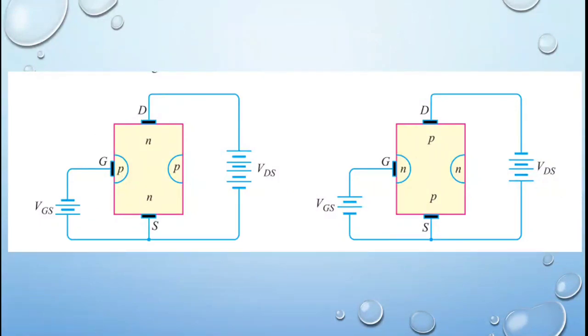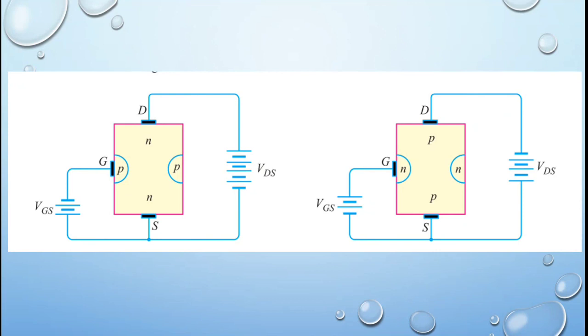Here the gate and source are the input terminals, and the drain is the output terminal. The gate is always reverse biased in a field effect transistor. The gate is always in a reverse bias condition.